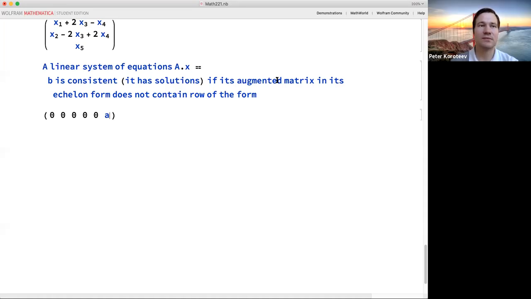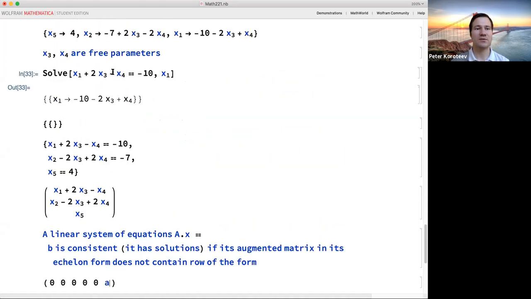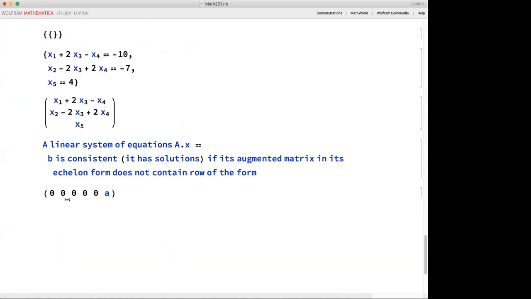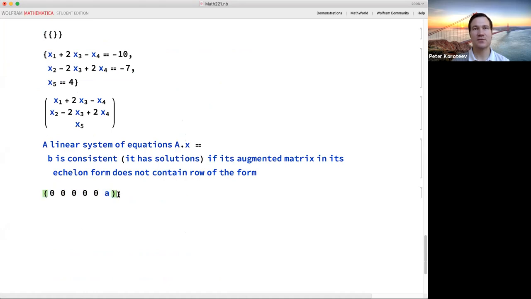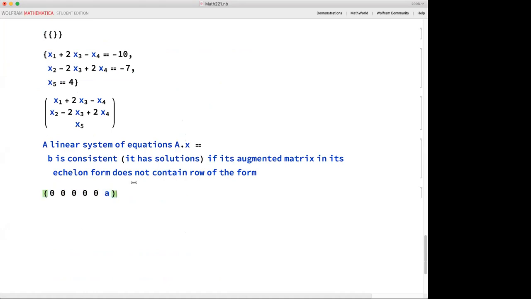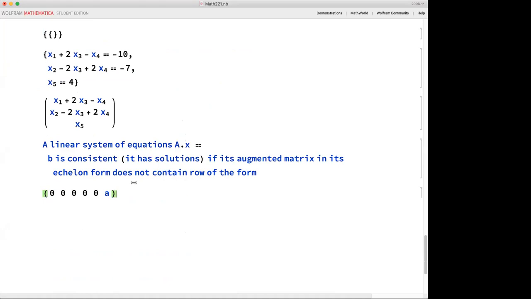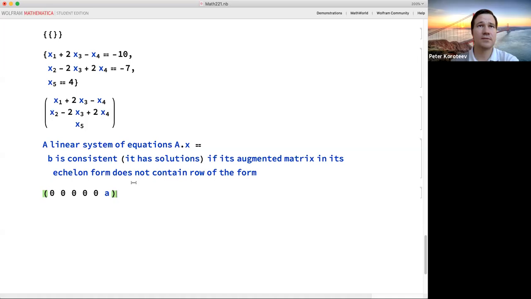This example above has a solution, right? But if the augmented matrix has this row, then there is no solution. If you want, we can look at an example of such kind. If it's clear, then we should keep going. It's clear. Good, thank you.